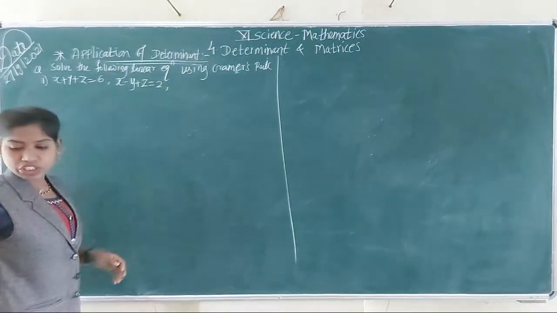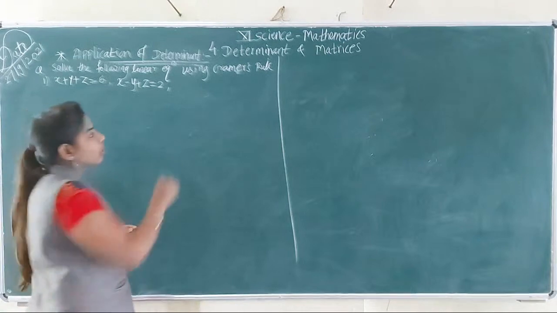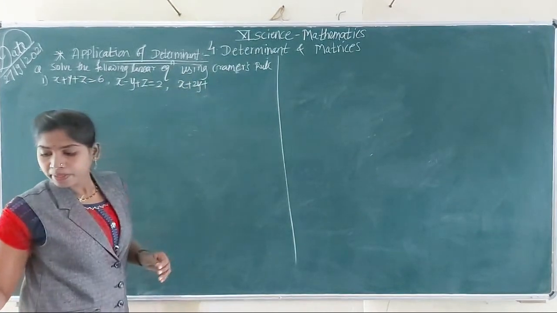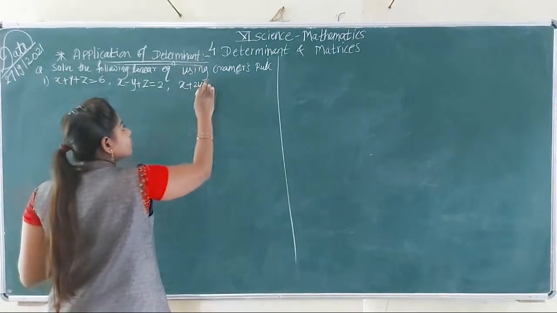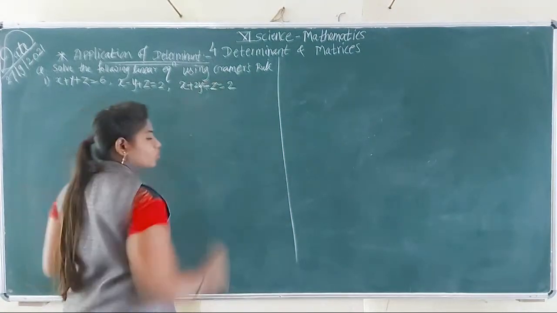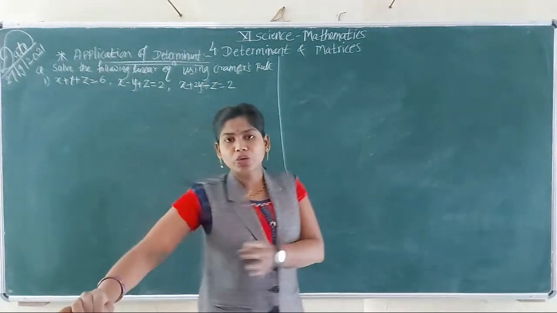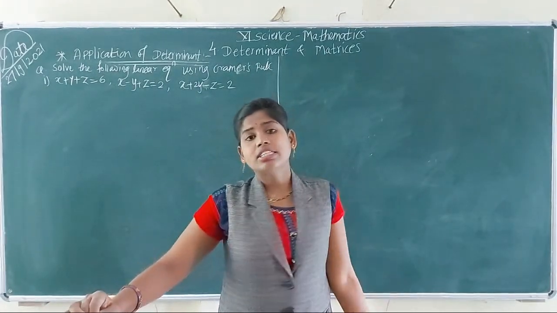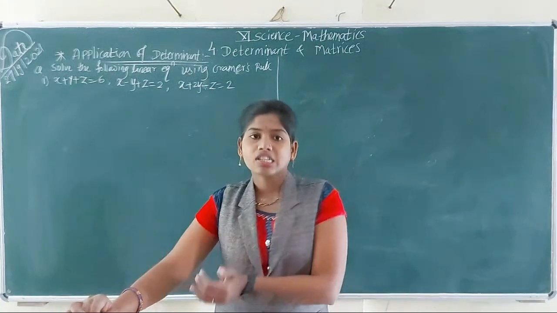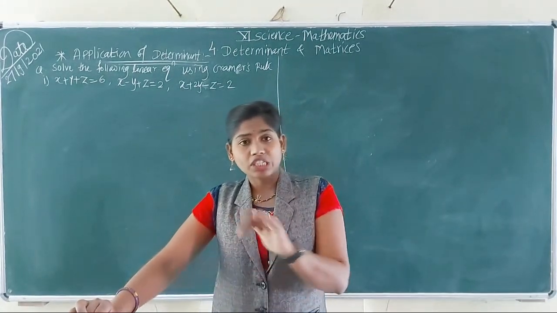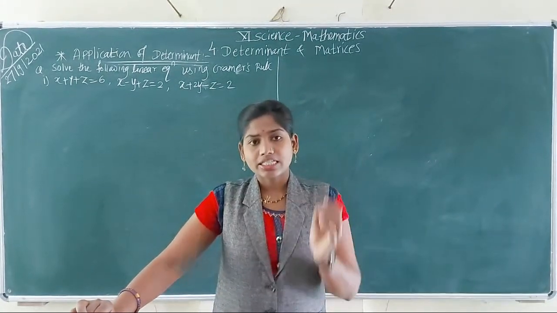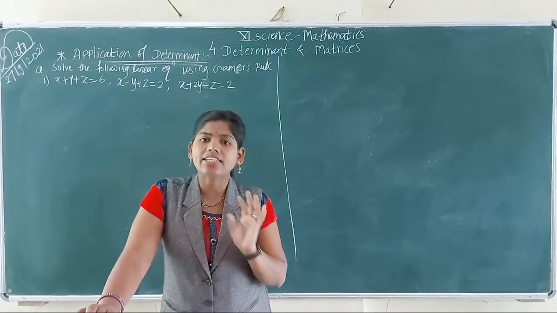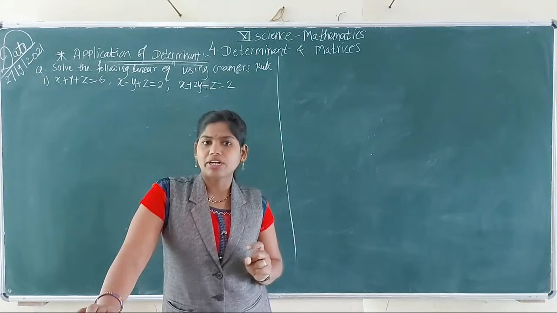And the third linear equation is x plus 2y minus z is equal to 2. Suppose we are given these three linear equations and we have to find the solutions of these equations. That means we have to find the values of x, y and z.